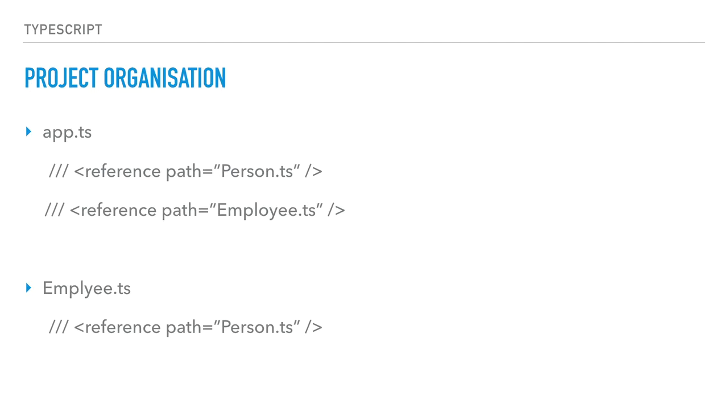In the case of app.ts, we are saying, okay, we will work with person.ts and employee.ts. From there, we can start coding in app.ts. In the case of employee, we can do exactly the same with person, because this is one dependency for our code. This is just a brief introduction to project organization and how you should reference different files in TypeScript. So see you in the next video.